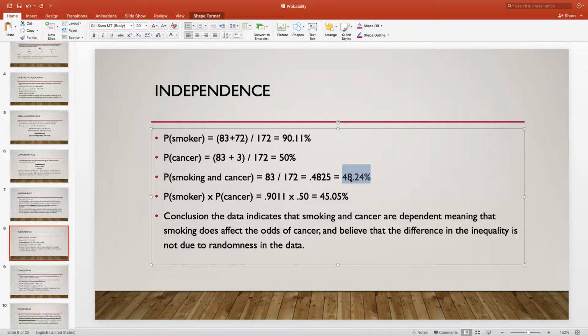So, in summary, the probability of smoking and cancer does not equal the probability of smoker times the probability of cancer. And that calculation tells me that these two are dependent. Your smoking status has an effect on your cancer status, according to the observational study.